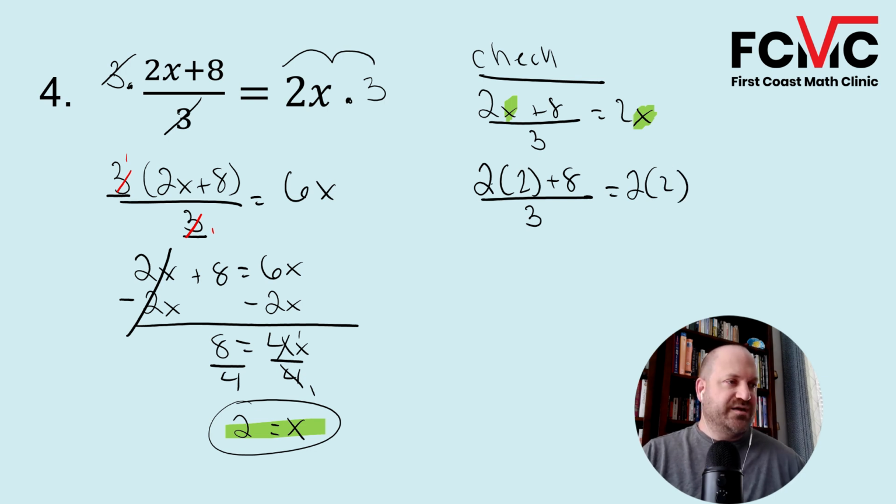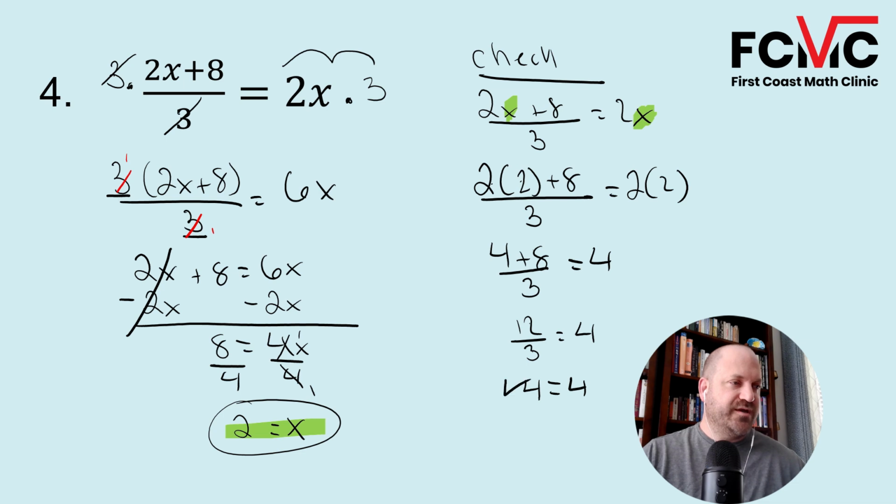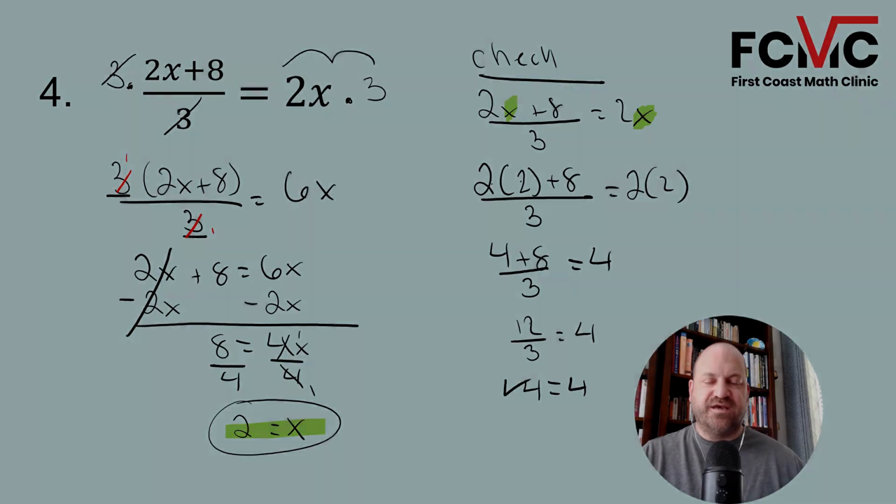Now in our numerator, 2 times 2 is 4, plus 8 over 3 equals 4. 4 plus 8 is 12 over 3 equals 4, and then 12 divided by 3, and we get 4 equals 4, so our answer checks. All right, let's get into one more example.